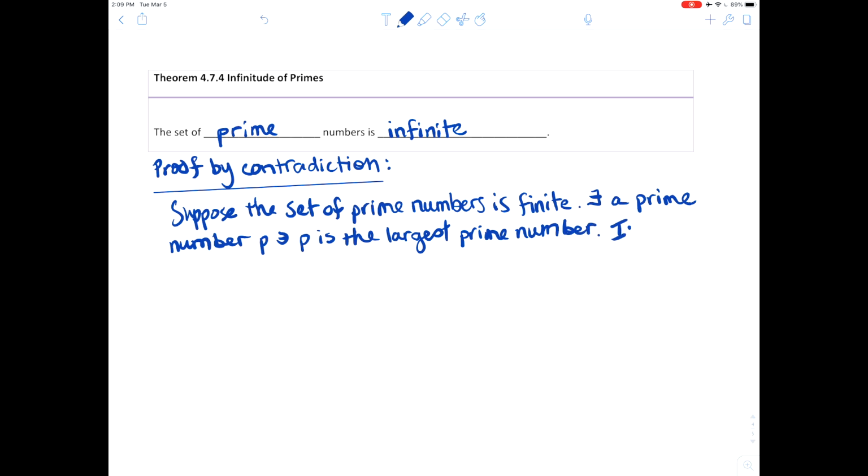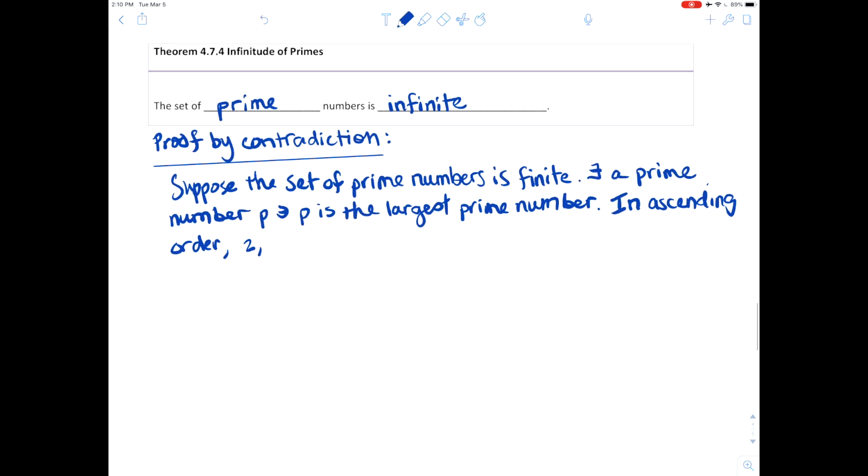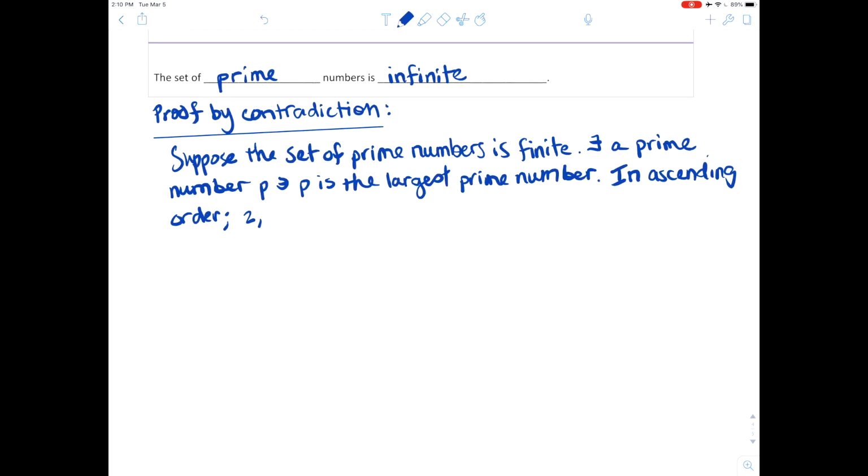So if we look in ascending order, let's go ahead and list them, right? So what would we have? We would have 2, 3, 5, 7, etc., right?